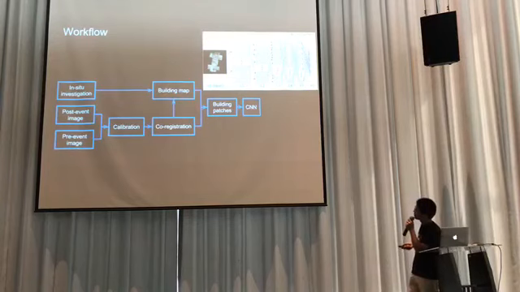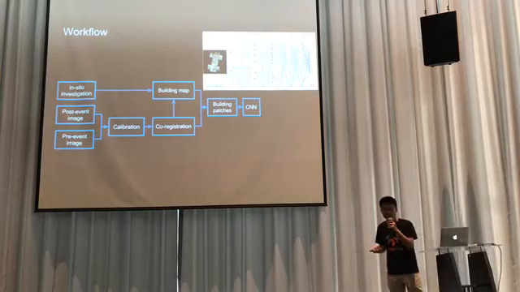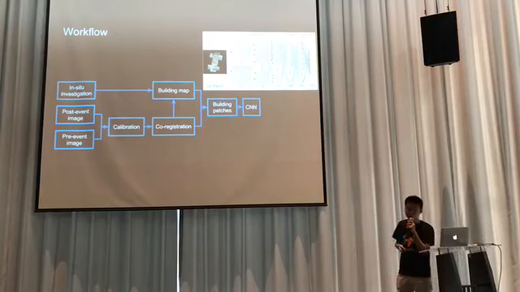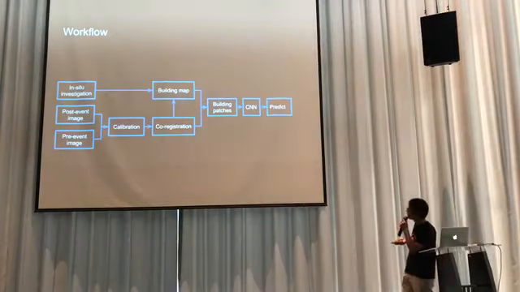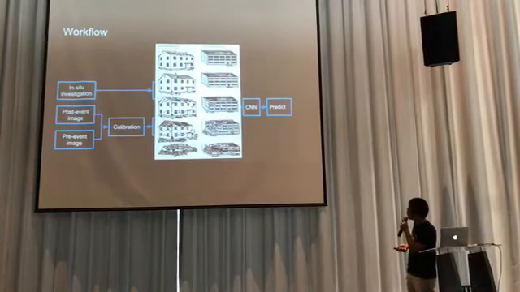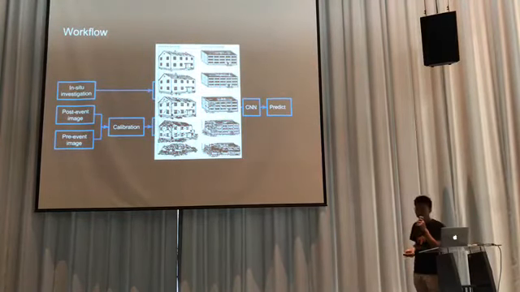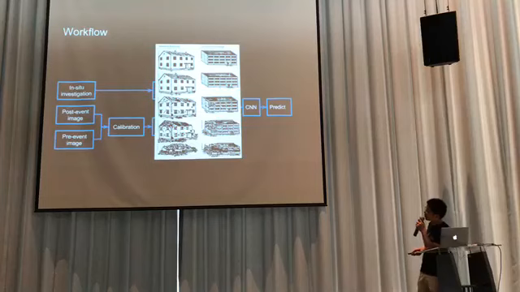I will not talk about details of CNN, as I believe people sitting here may know better than me about CNN. And then we can train the model and predict whether the building collapsed or not.